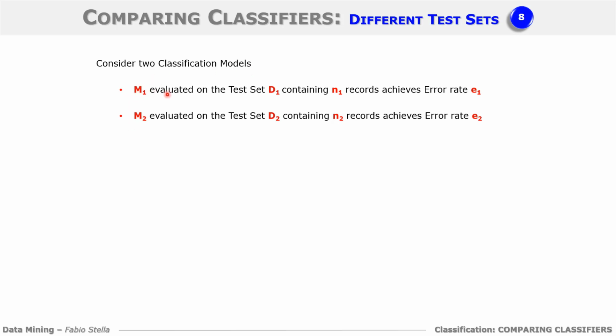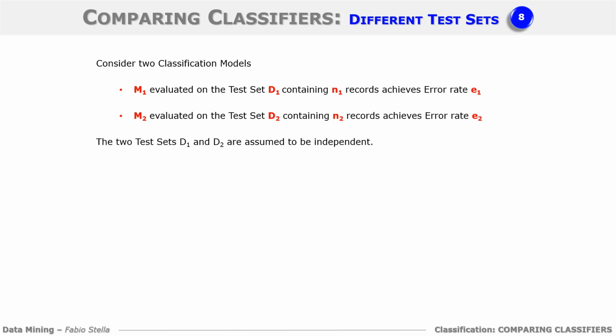While M1 is evaluated on a test set D1 containing N1 records and achieves an error rate equal to E1, the model M2 is evaluated on a test dataset D2 containing N2 records and it achieves an error rate equal to E2.